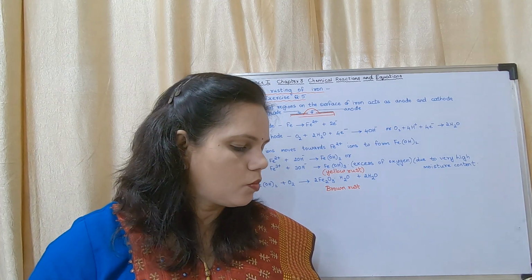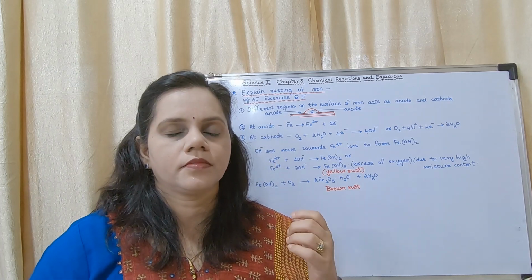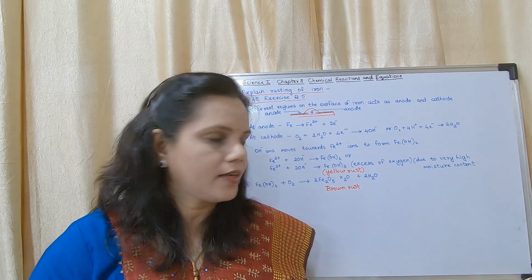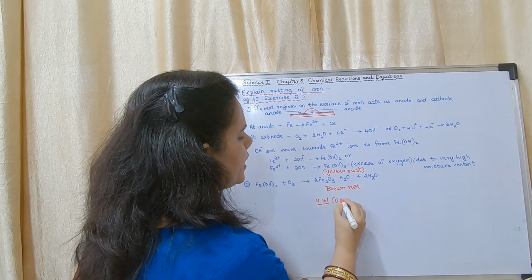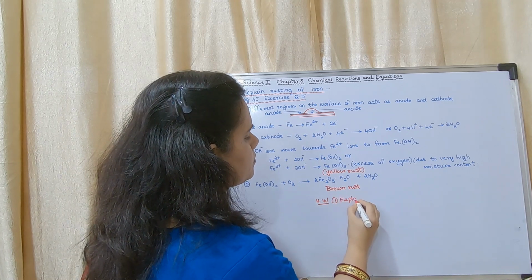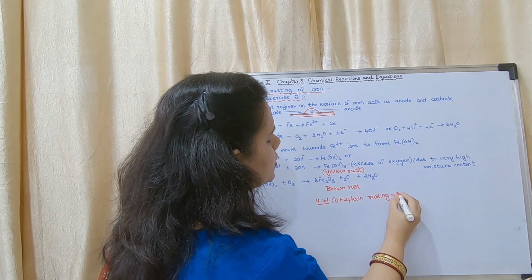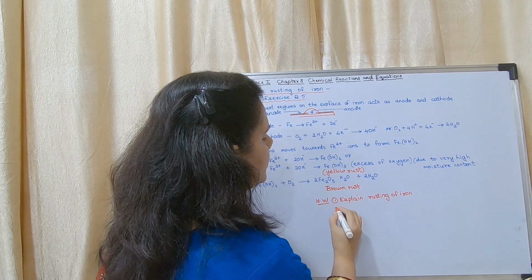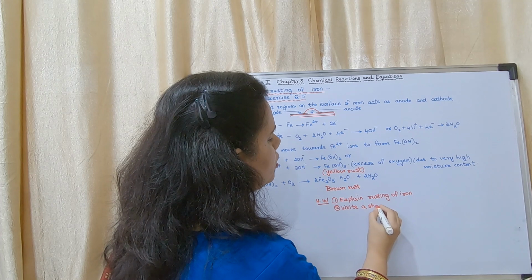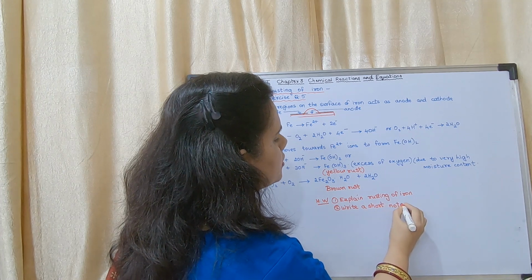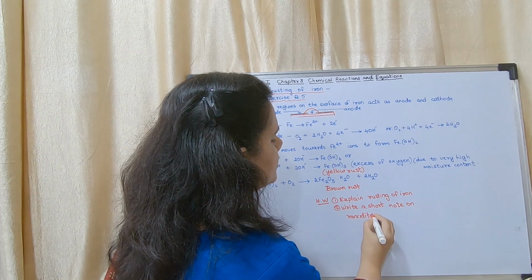Now, homework for today is to write about the corrosion of iron, that is rusting of iron. I will write it here. Homework is to explain rusting of iron and write a short note on rancidity.